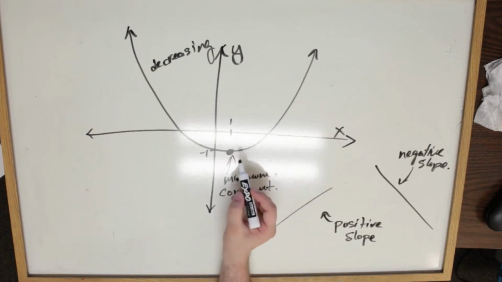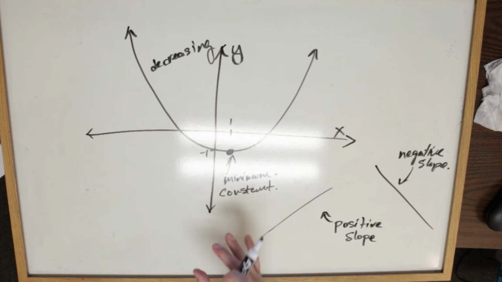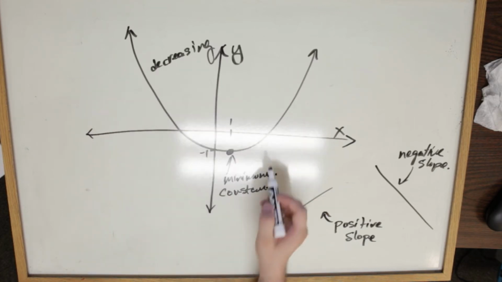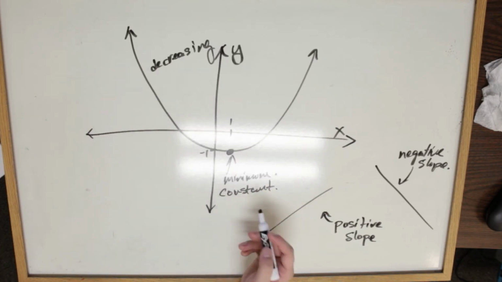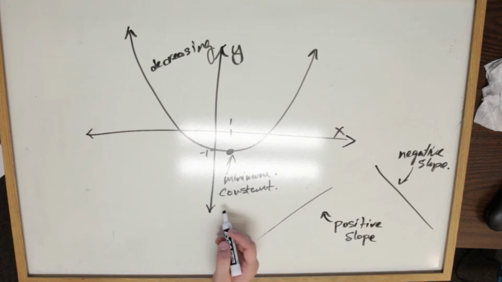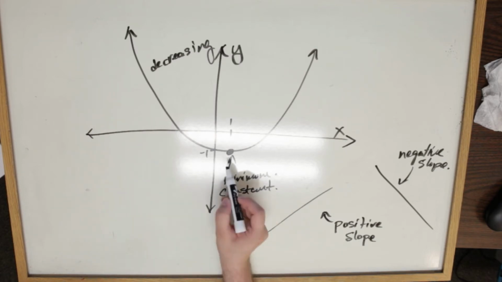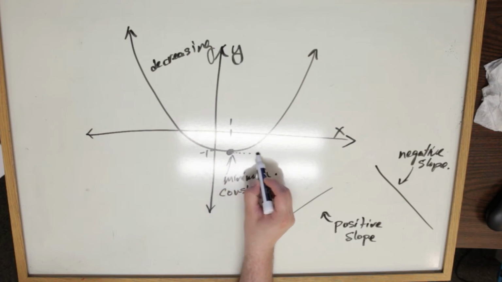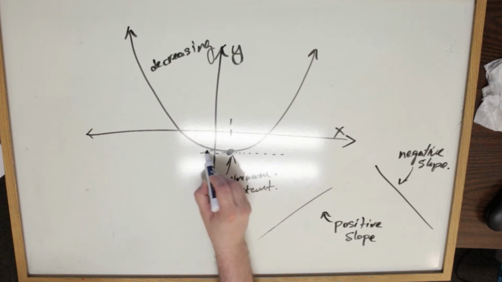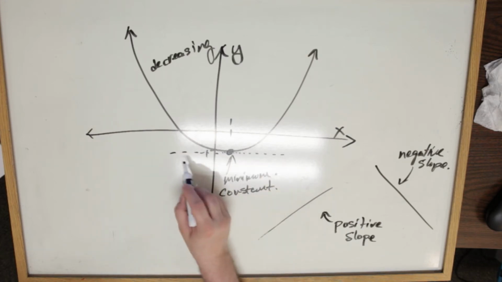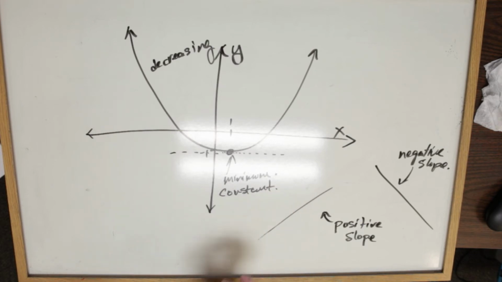I guess calculus is better at defining a lot of these terms. If anyone goes and takes calculus, a lot of this stuff is going to show up again. So you can think of this as almost like a pre-calculus kind of class or discussion or topic. If you were to draw a line that was only touching at that point, it would be a straight horizontal line, which has zero slope.